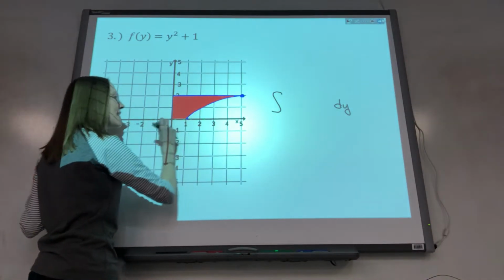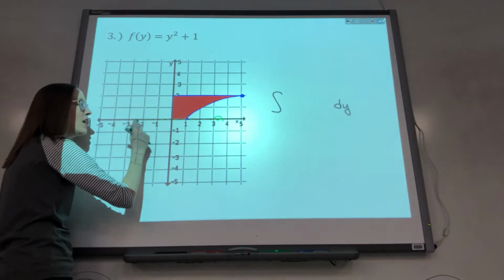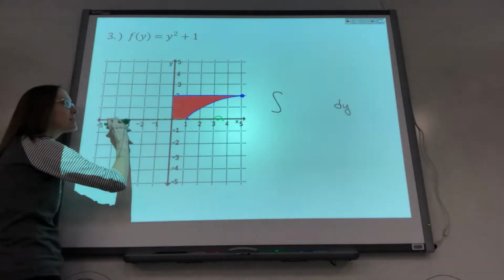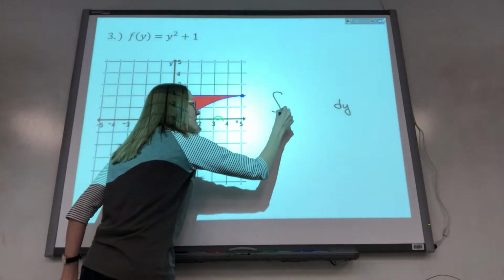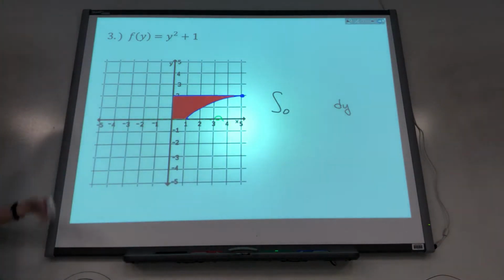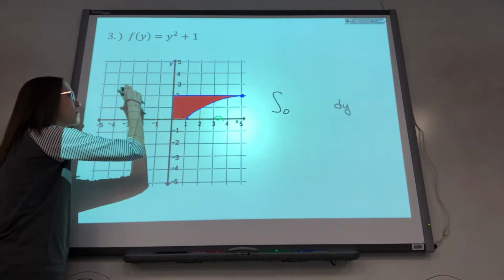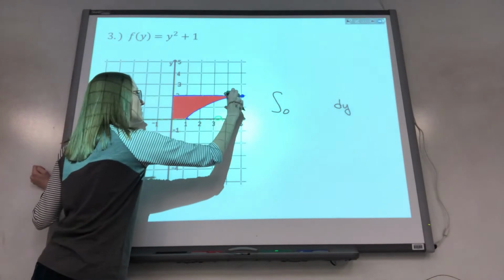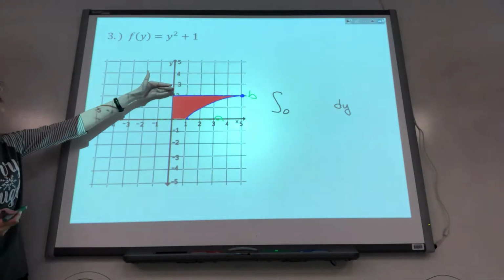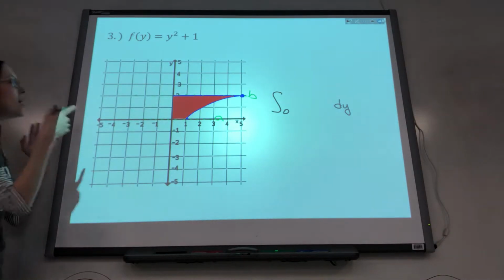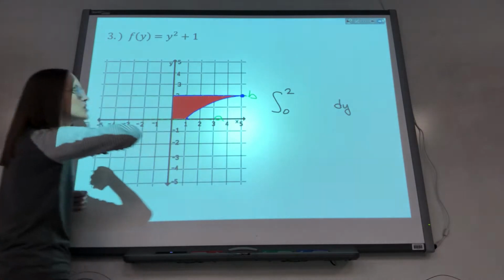So right here, the a on this integral actually needs to be the smallest y value, and that is a 0. So I am going to use 0 for a. But then the b is actually the biggest y value, not x value, biggest y value on this graph, which would be 2.